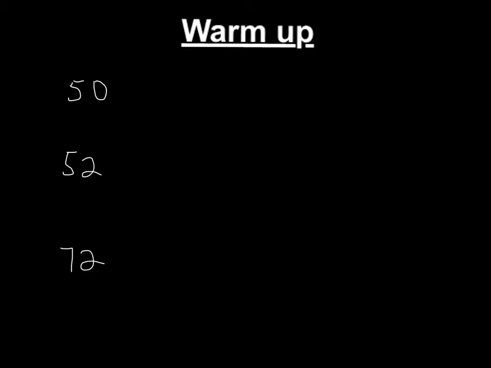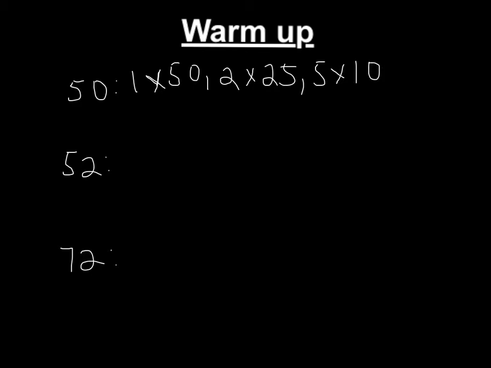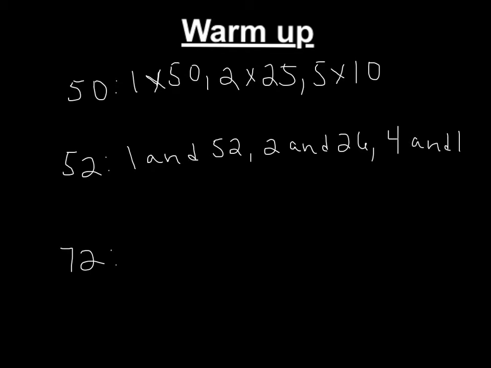Write all the factor pairs for the numbers 50, 52, and 72. The factor pairs for 50 are 1 and 50, 2 and 25, and 5 and 10. The pairs for 52 are 1 and 52, 2 and 26, and 4 and 13.